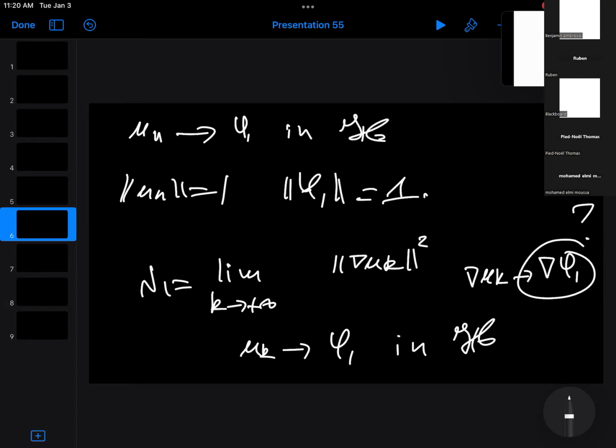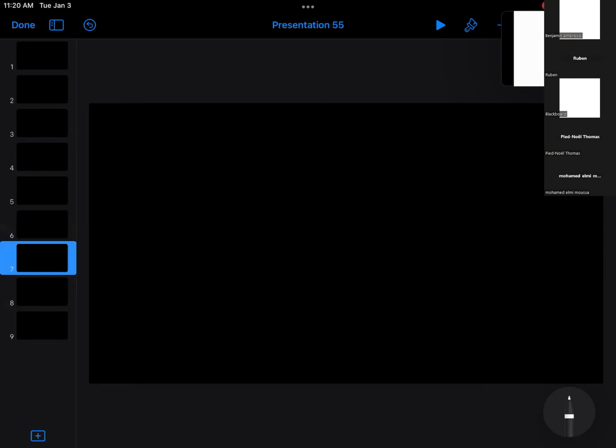In order to see that this thing is well defined, we need to prove that, in fact, uk is converging.